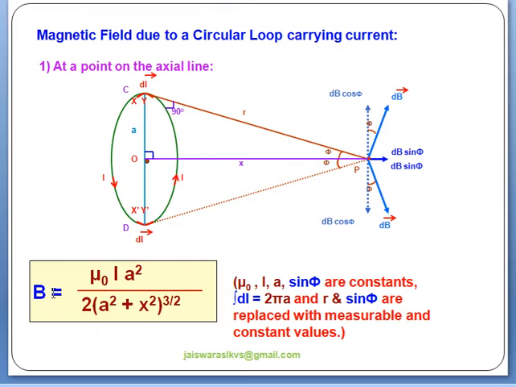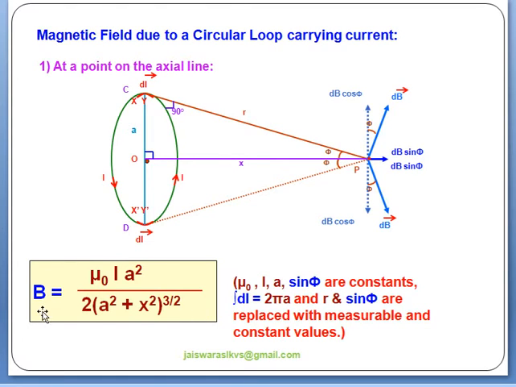That will be B is equal to mu naught I a square upon 2 into (a square plus x square) raised to the power of 3 by 2, where mu naught, I, a are constants and the integral of dl is equal to the circumference of the circle, that is 2 pi a, and r and sin phi are replaced with measurable and constant values.